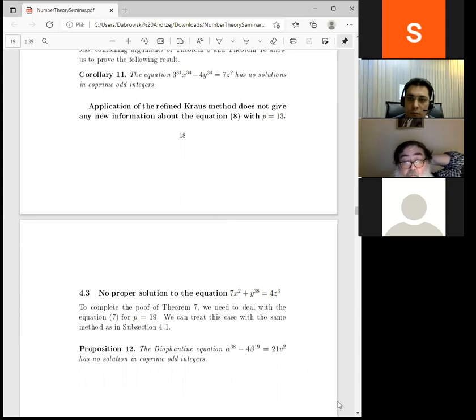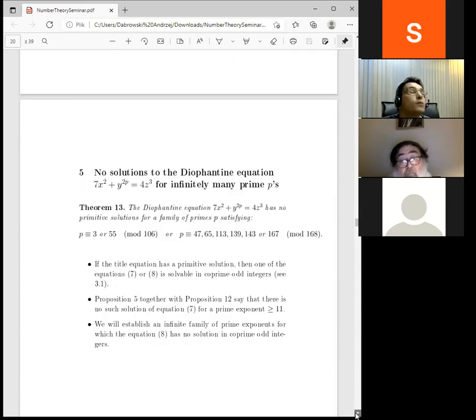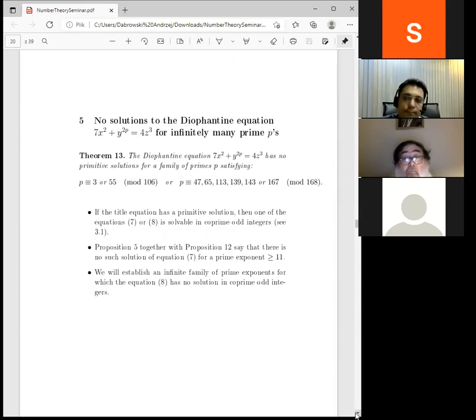Okay. Now let us consider the question for which prime exponents we can prove that there are no non-trivial solutions. We expect that there are none for all, but it seems that it's not possible at the moment to prove such a result by any available methods.